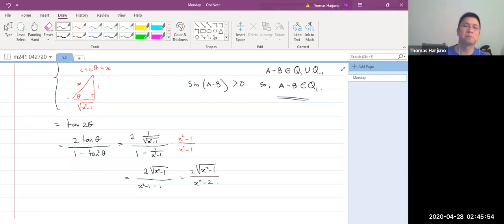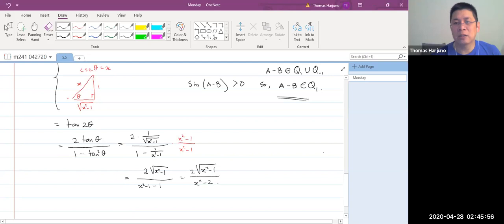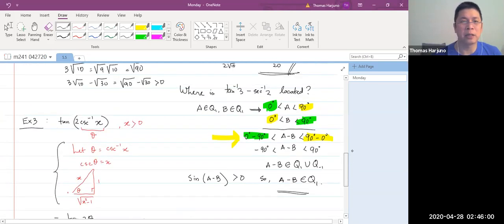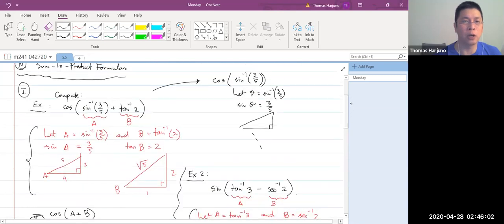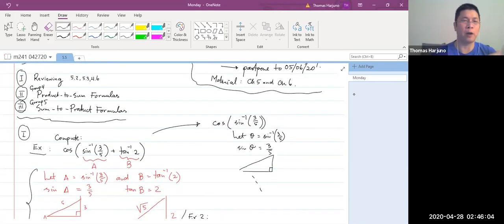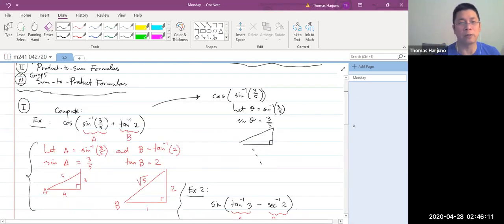Okay, that's for this first one. Basically applying the formulas we have from 5.2, 5.3, and actually maybe 5.4 later on, together with the inverse function.